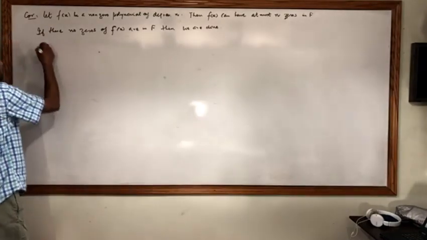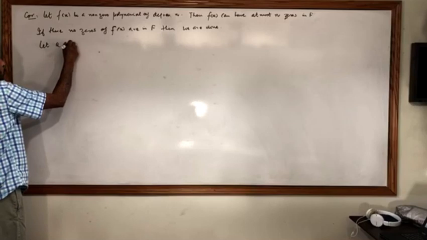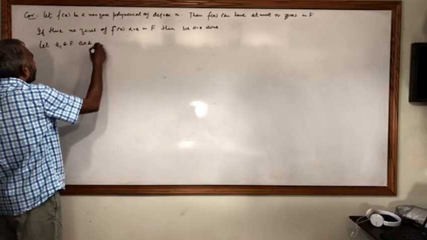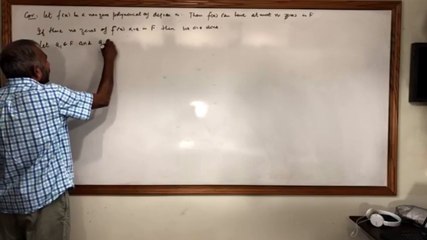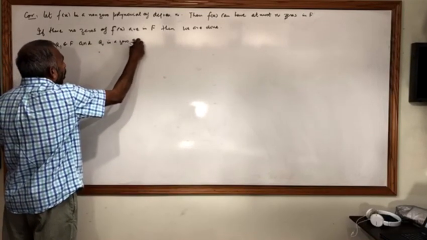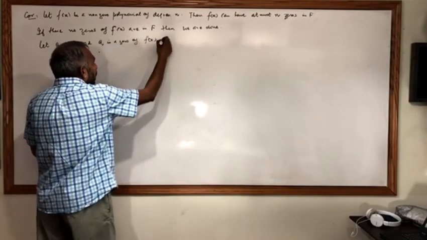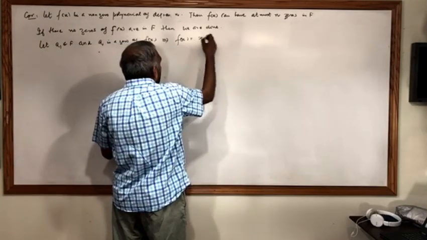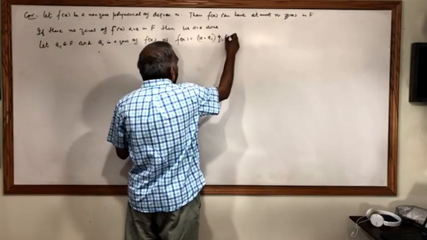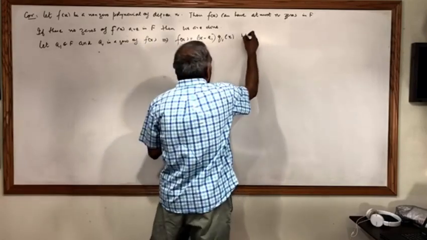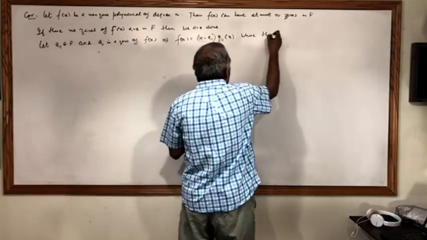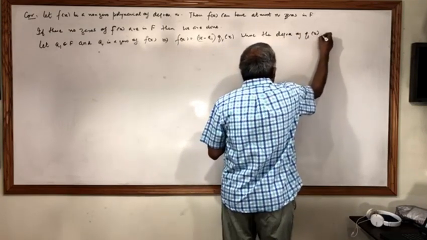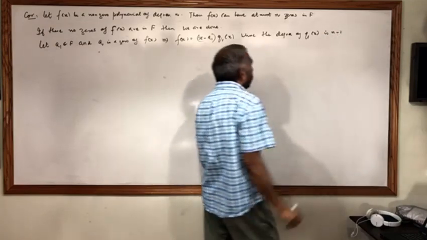So let us assume that a1 belongs to F, and a1 is a zero of f(x). This implies f(x) can be written as (x minus a1) q1(x), where the degree of q1(x) is n minus 1.